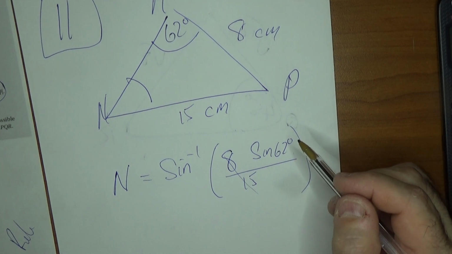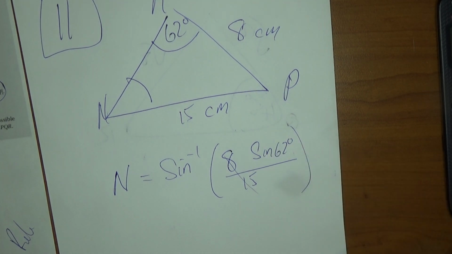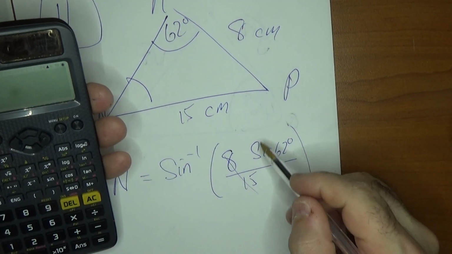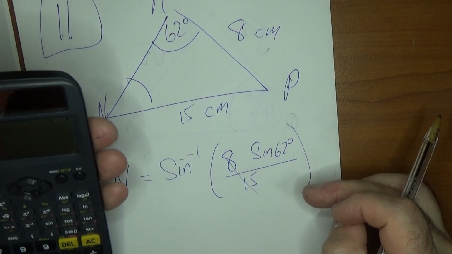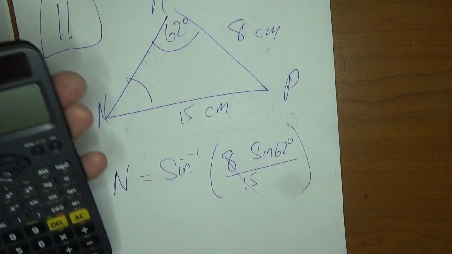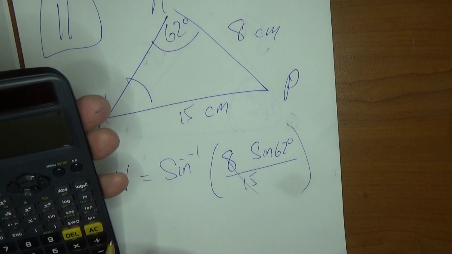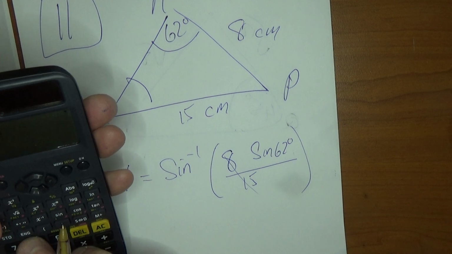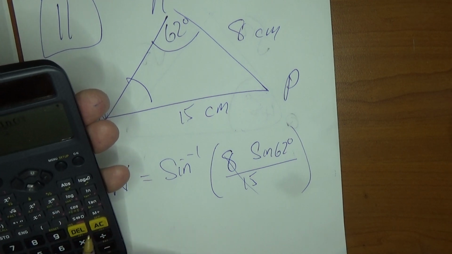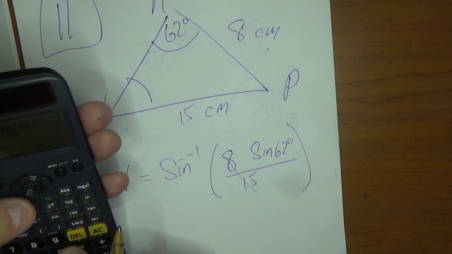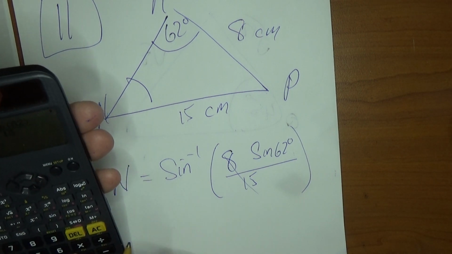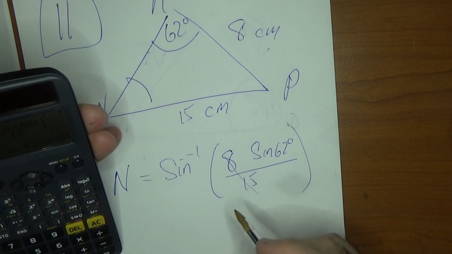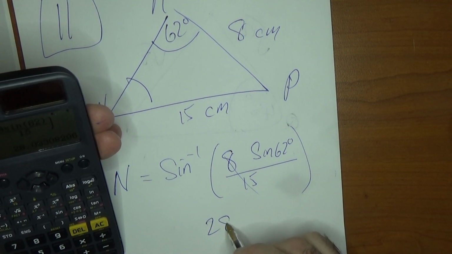The 62 degrees is never going to give us a rational value, so we're definitely using a calculator. So shift sine, 8 sine 62, close your bracket, down to 15, and close your bracket there. That's equal to 28.1 degrees, we'll call it.